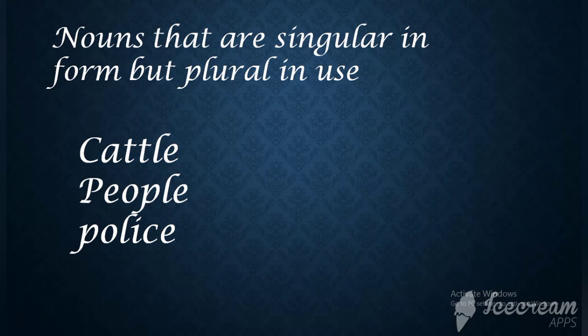It's a collective noun. A group of cows or sheep together, we call cattle. It looks singular, but it is a plural form. And people, a group of people, we call people. And police also looks singular, but it is plural. I think you have understood the nouns that are singular in form but plural in use, right?